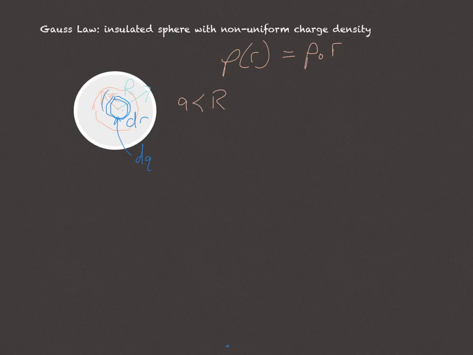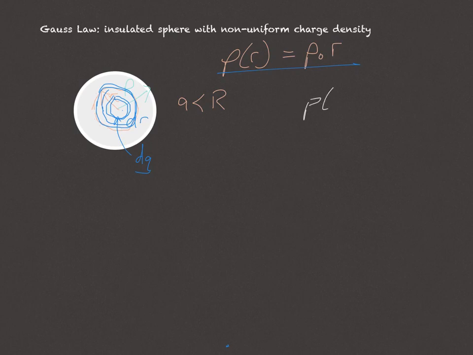But as we move further and further out, the amount of charge is going to increase. So we have to integrate the amount of charge in each of those little shells from 0 out to our Gaussian surface at a. So this is where the challenging part of this problem comes from. All right.